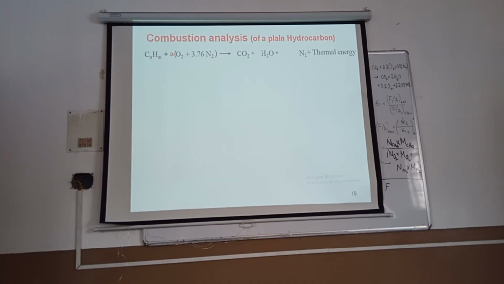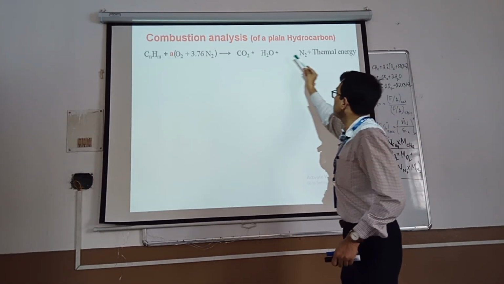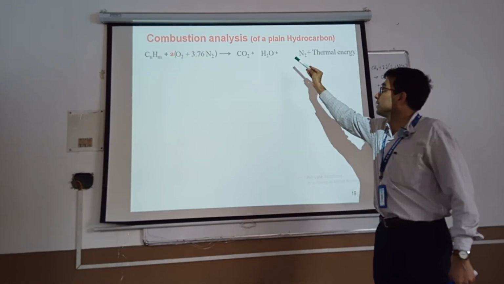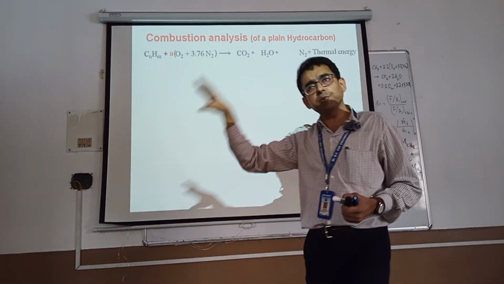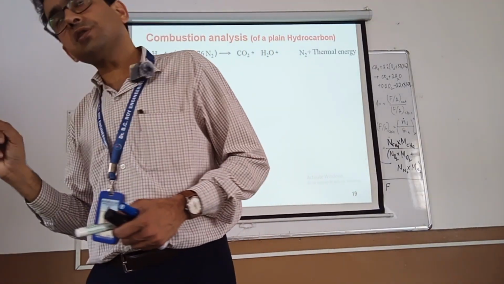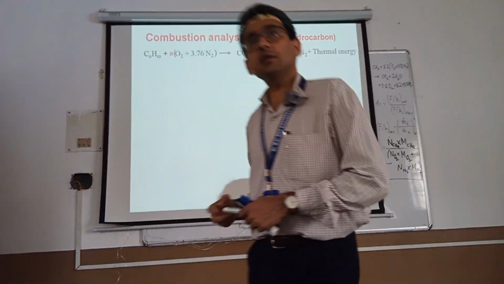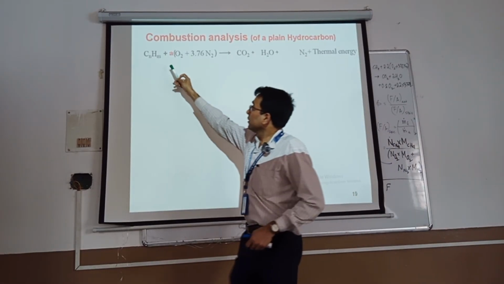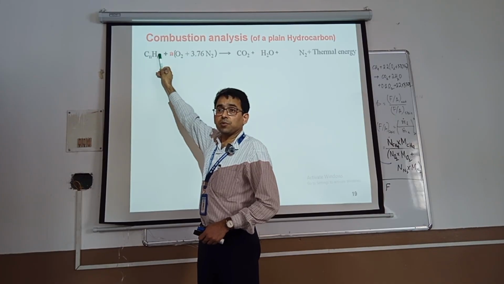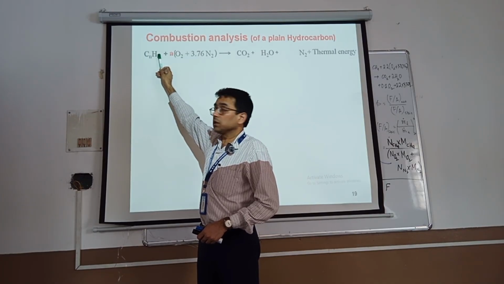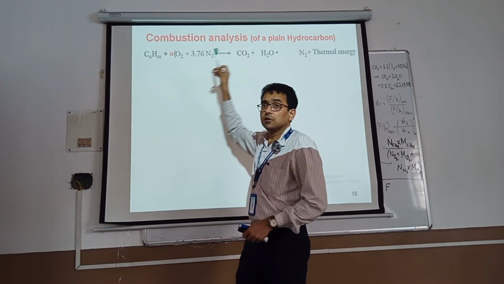Clear? So we know what the products will be for complete reaction: CO2, H2O and N2. There will not be any excess oxygen here because all the oxygen will be absorbed by CO2 and H2O. Another thing is that even if it is, say, CH3OH, for example, methyl alcohol, then the oxygen here will also be absorbed. Clear?